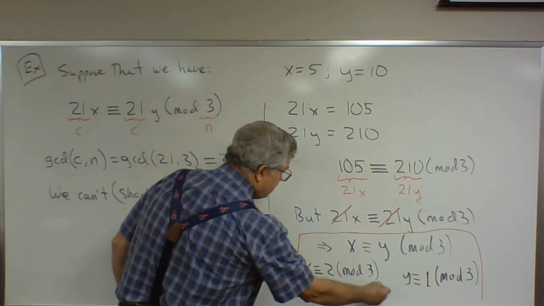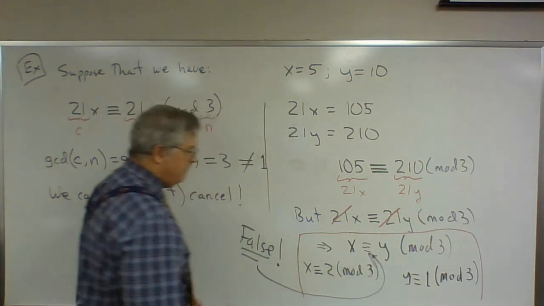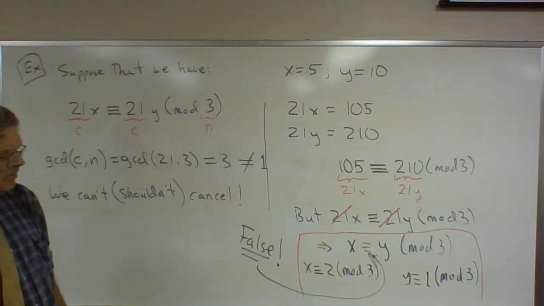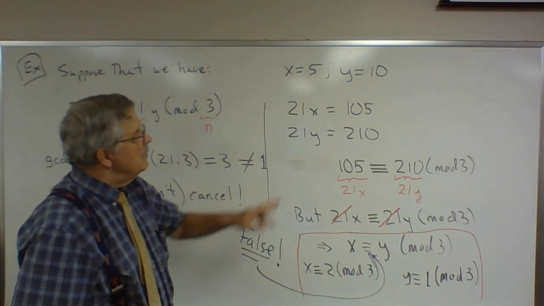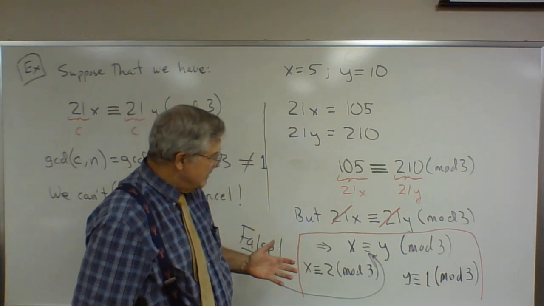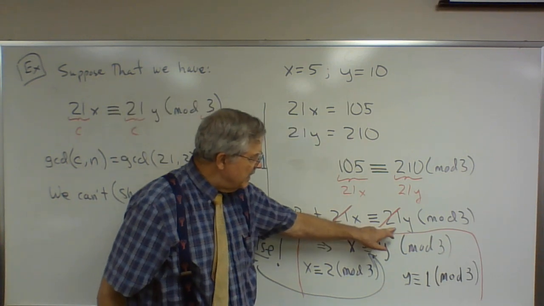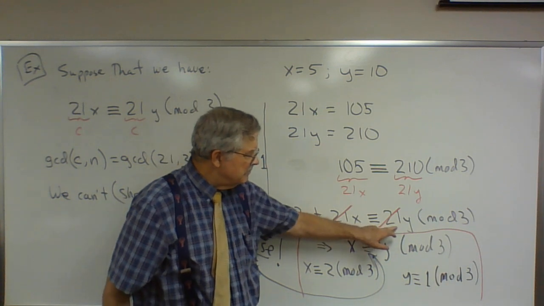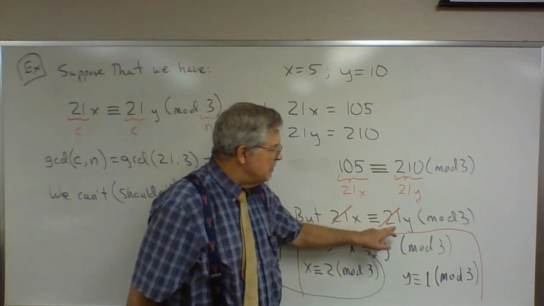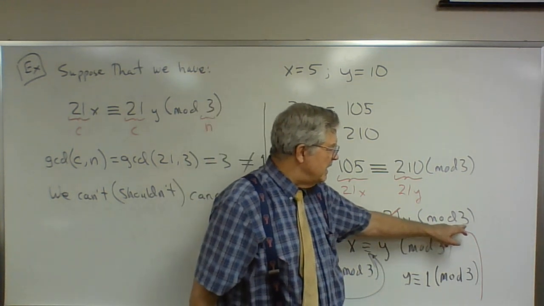This turns out to be a big fat false. And how did that happen? We canceled a common factor on both sides of a congruence, but the common factor was not relatively prime with n.